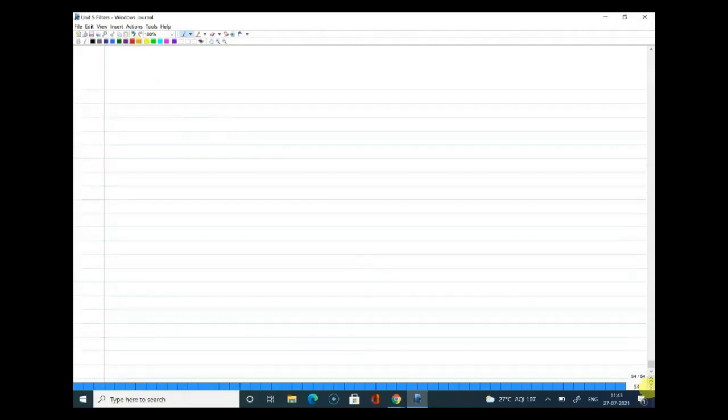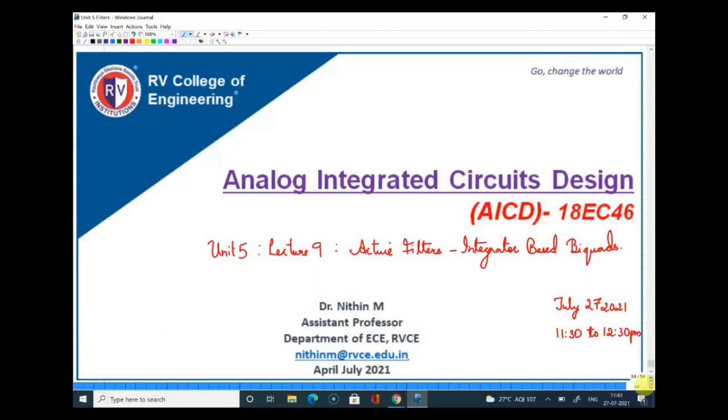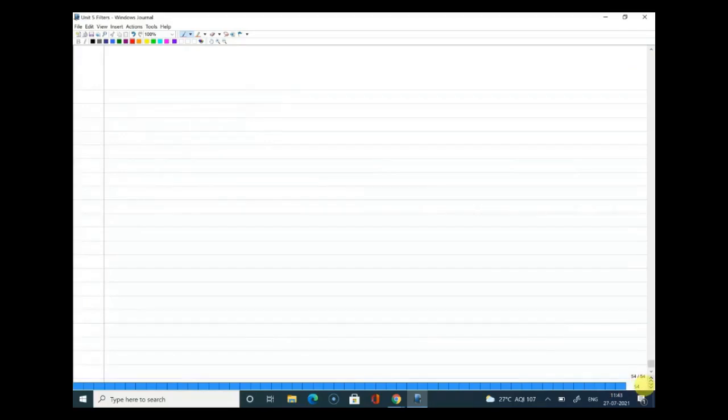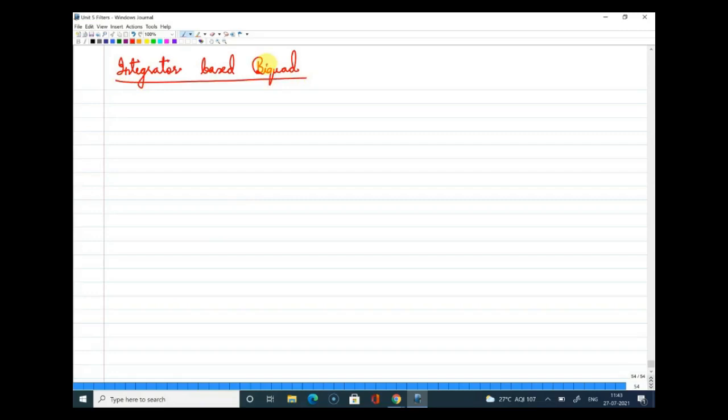Now, moving on to the topic I mentioned before, we will look at one specific type of filter. It is called the integrator based biquad. This is otherwise called the KHN biquad.